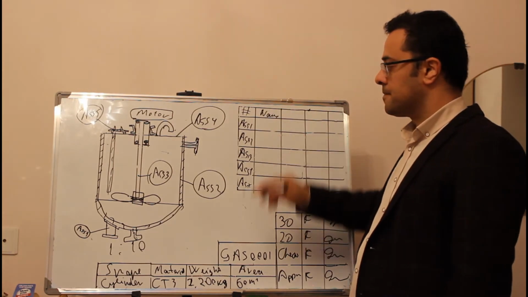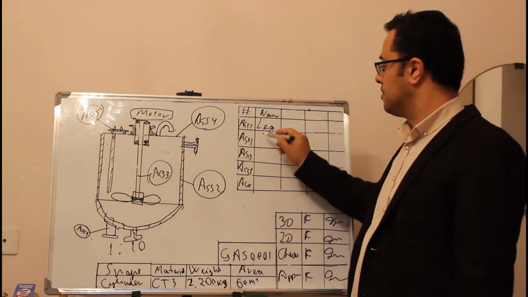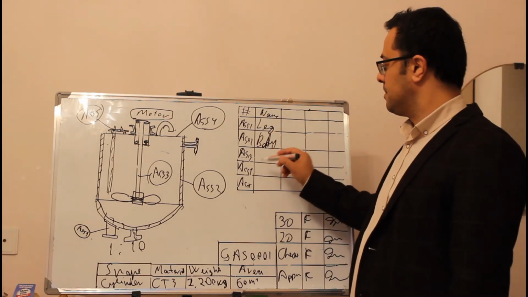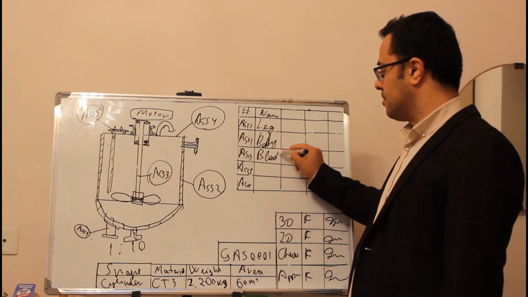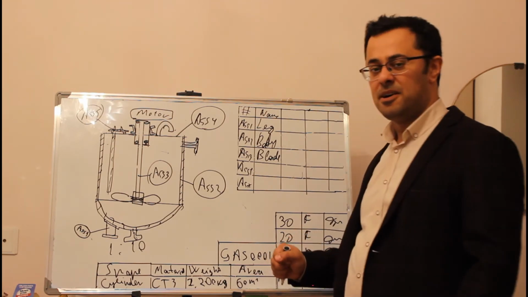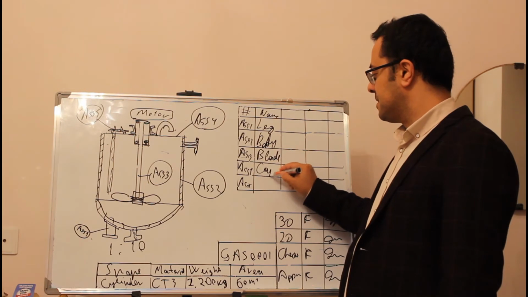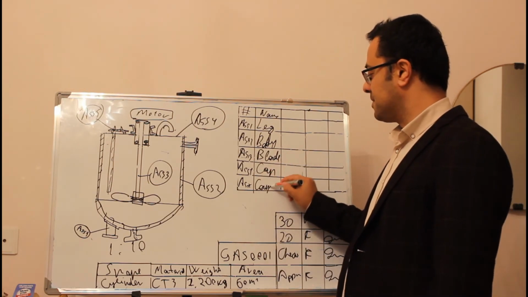Name assembly 1 leg, assembly 2 body or tank, assembly 3 the blade, or let's call it blade from that Blade movie, yeah? Vampire Hunter. So assembly 4 it's cap, assembly 5 it's another cap of the cap.